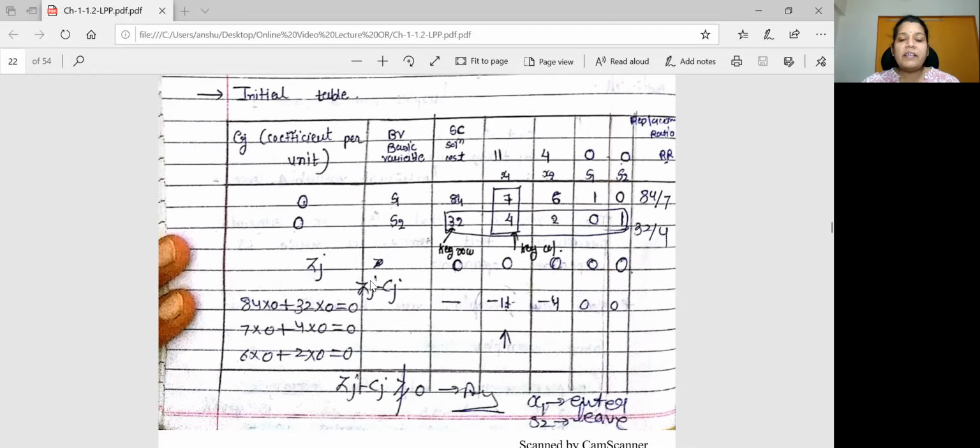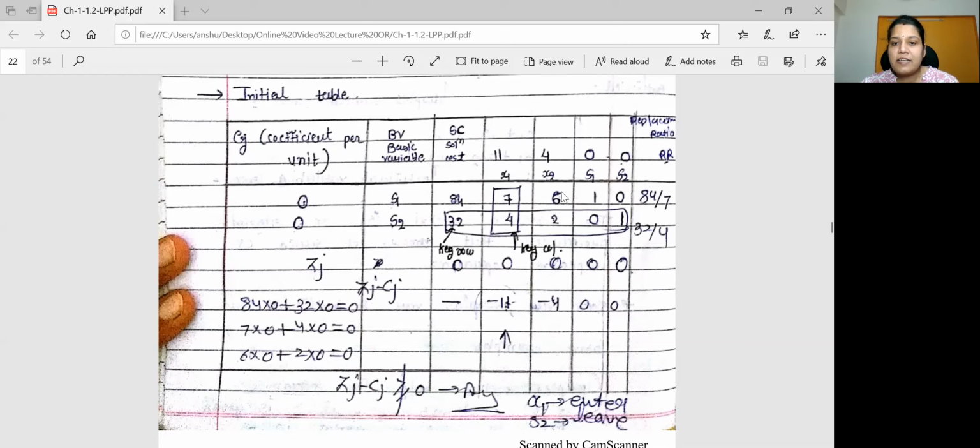Again we find zz minus cj. The method is: first, in our zz row we write the dash and the other values in our x1 column. This is our zz and this is our cj.